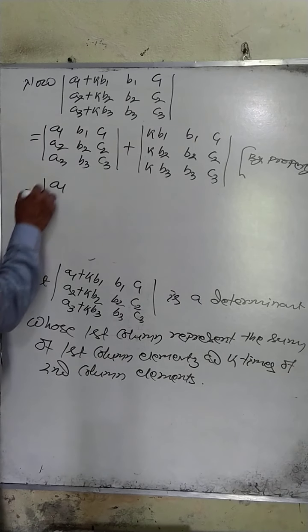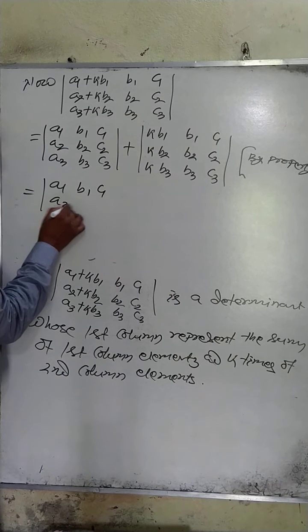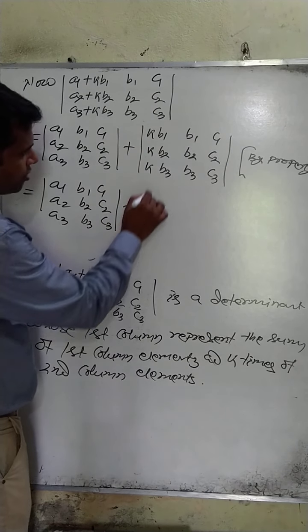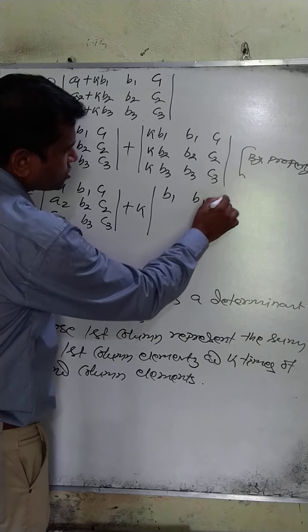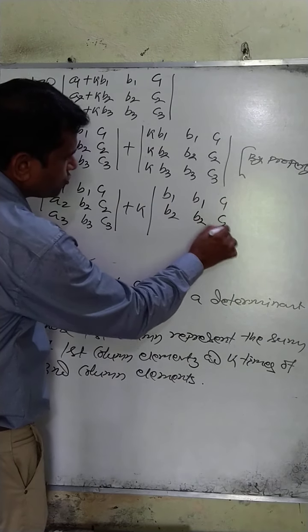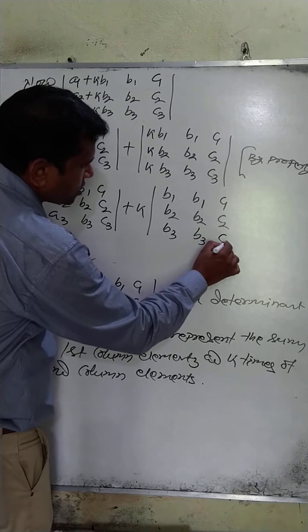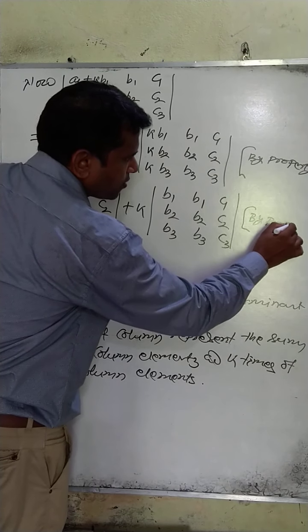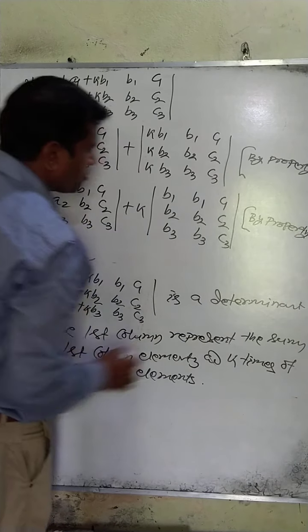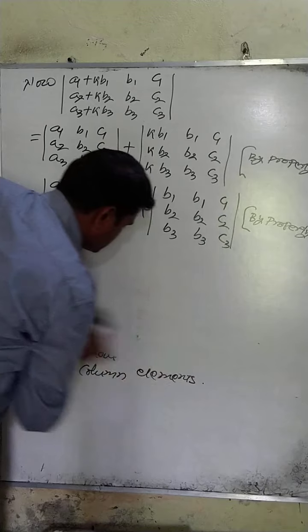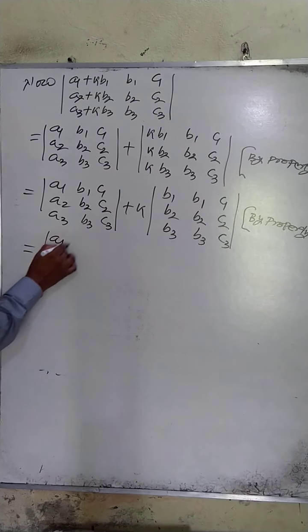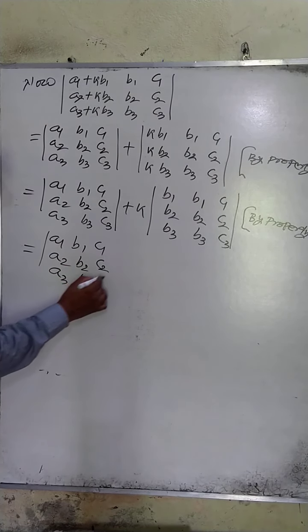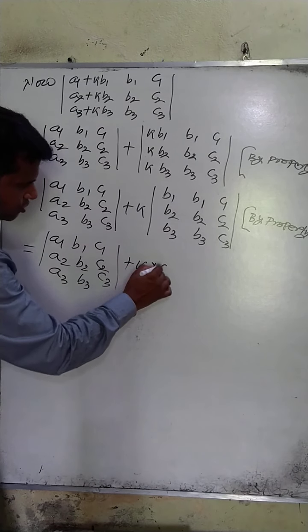Okay, by property 4, so we write a1 b1 c1, a2 b2 c2, a3 b3 c3 plus k times b1 b1 c1, b2 b2 c2, b3 b3 c3, which is a1 b1 c1, a2 b2 c2, a3 b3 c3 plus k into 0.